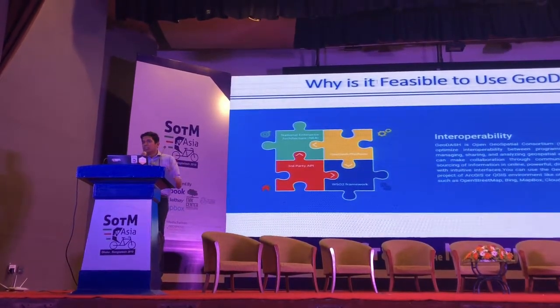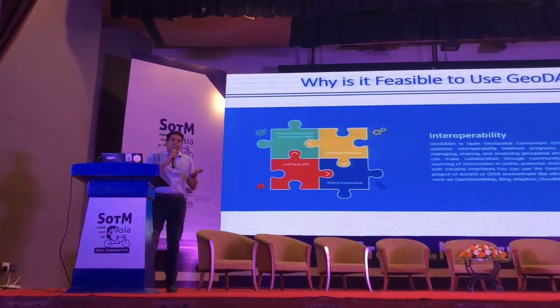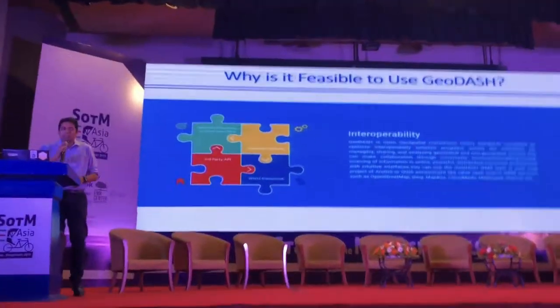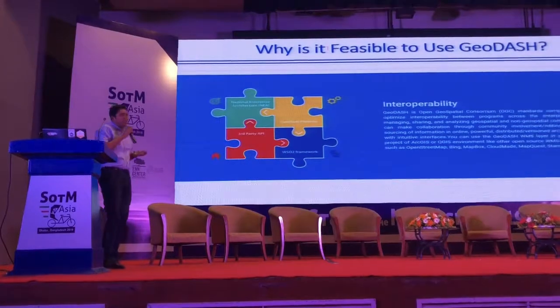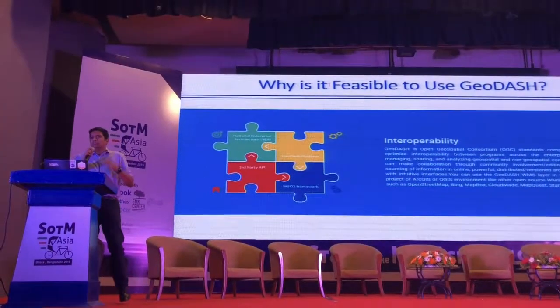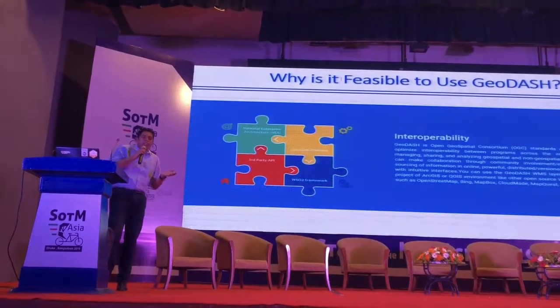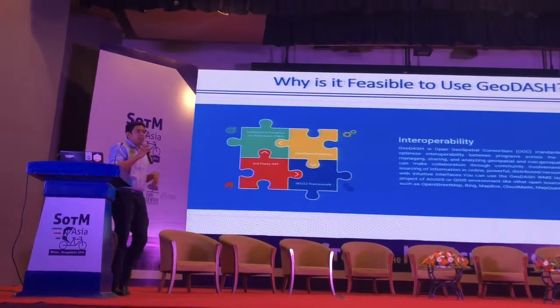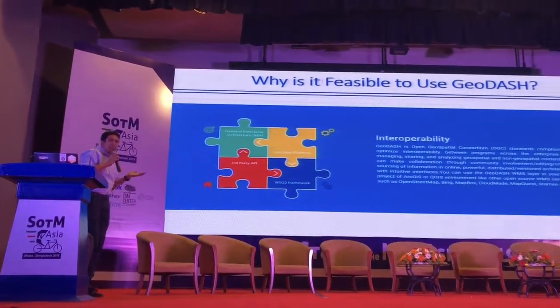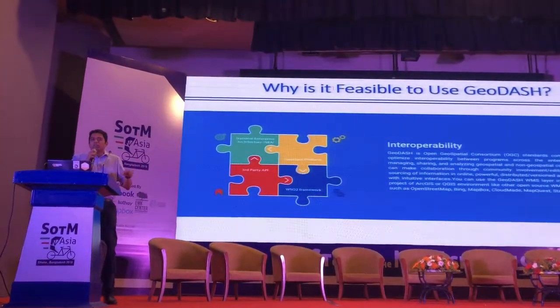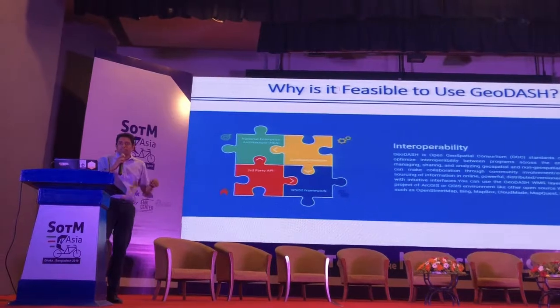You can download the data from here and use it in your ArcGIS, QGIS, or other GIS-related platforms. Suppose you don't have ArcGIS; ArcGIS Online is also available, which has a public version, right? So you don't have to buy this, and you can use this data for your use. You can even use only GeoDASH for that.